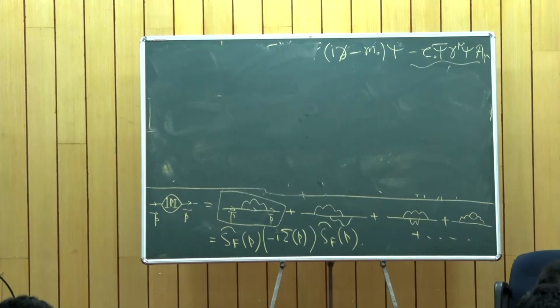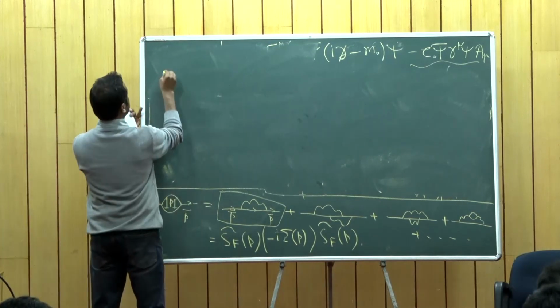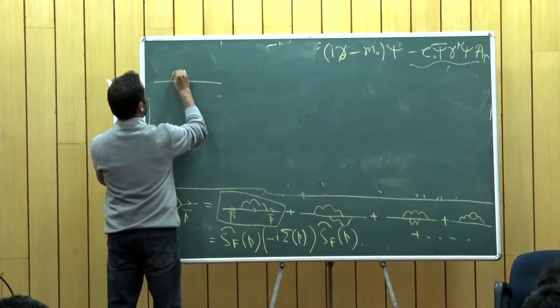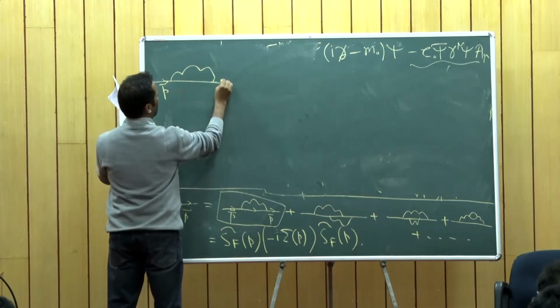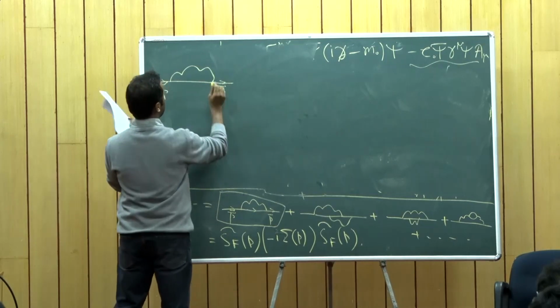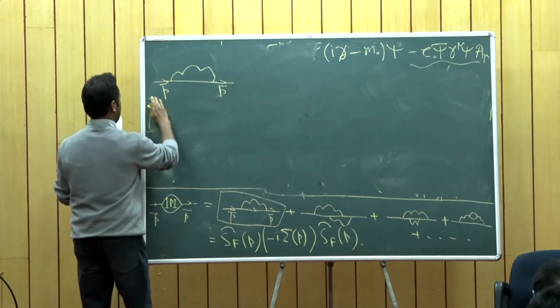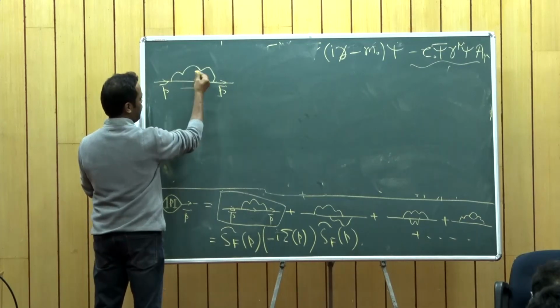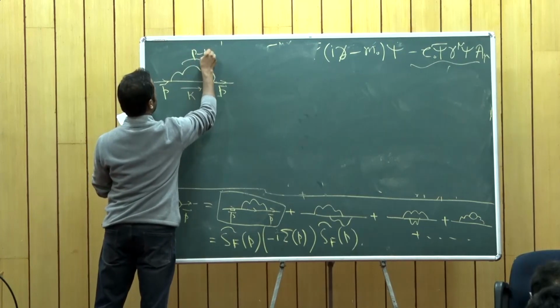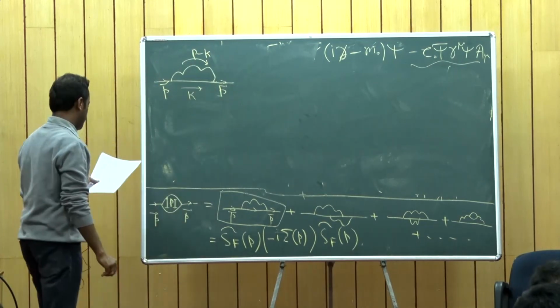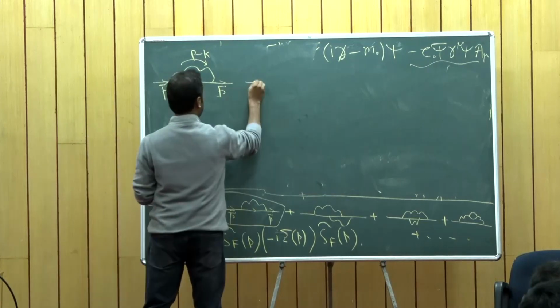Let's take this diagram. This is the diagram we are interested in. Let me give momentum labels to the internal lines. Then you have to write down the amplitude of this quantity.